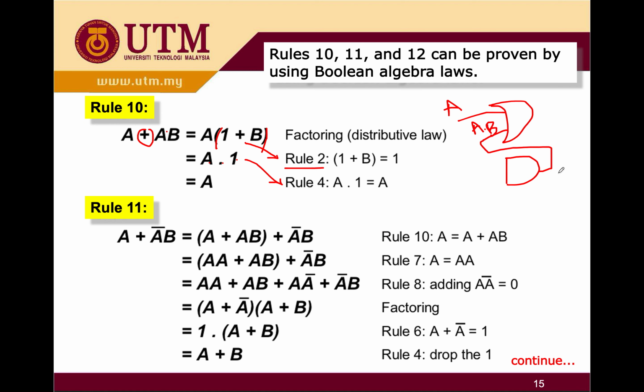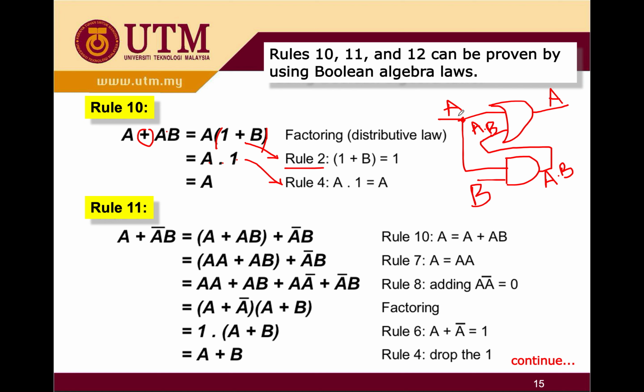So I put it here. This is A dot B, and I know this one is B. I have another input B, and my input A, I put it here. Then I get the output over here equal to A.